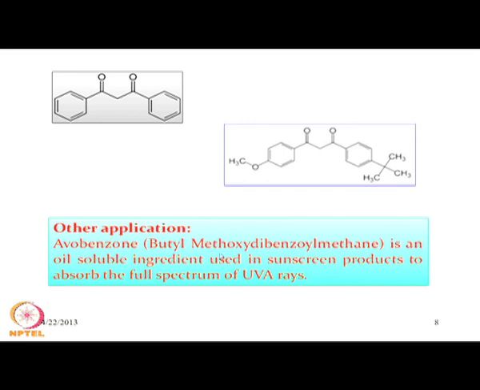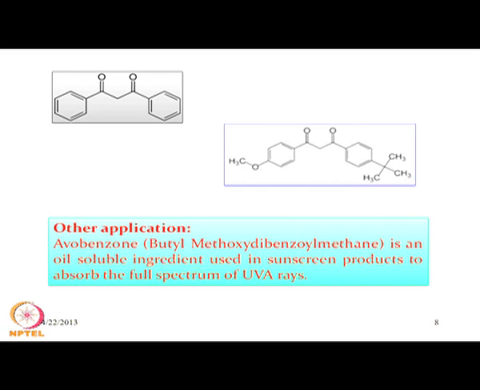Avobenzone is nothing but butyl methoxy dibenzoyl methane. One is the butyl function, and another is the methoxy substitution. So, two substitutions at two ends of the phenyl ring, particularly the para position, by the butyl function and the methoxy function of dibenzoyl methane, can be useful because it is soluble in non-aqueous medium, soluble in oil and any other cream material.